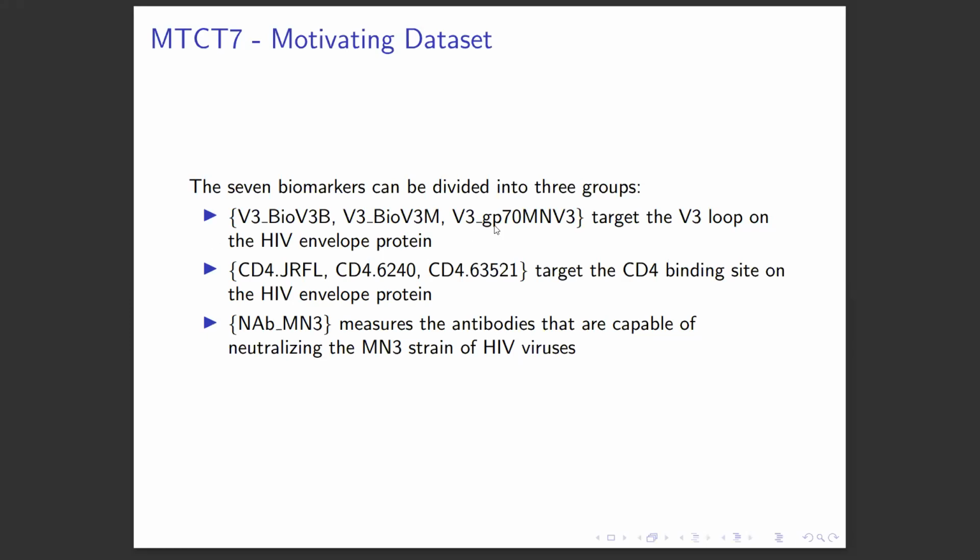The first group of antibodies binds to the V3 loop on the protein. The second group binds to the CD4 binding site on the protein. And the last one is not a binding, it's a neutralization assay. It measures how good an antibody is at neutralizing the HIV virus.